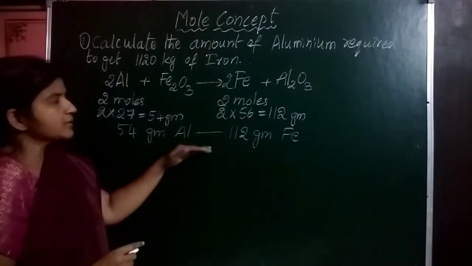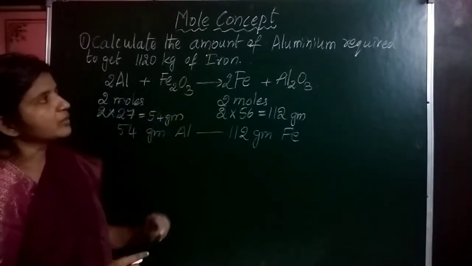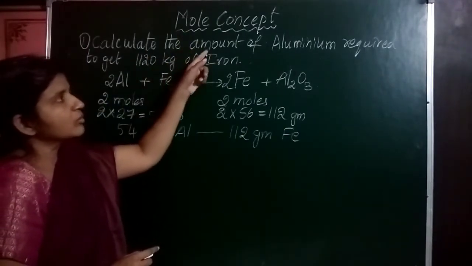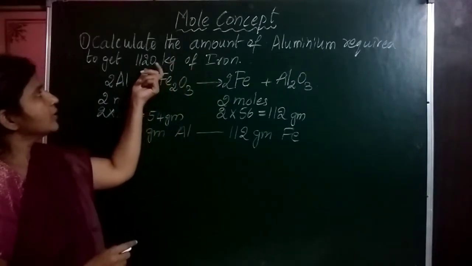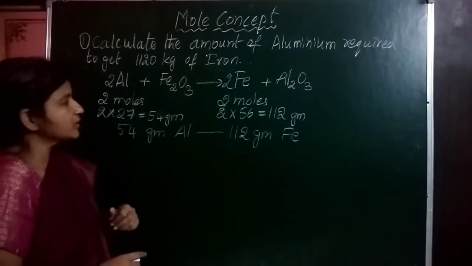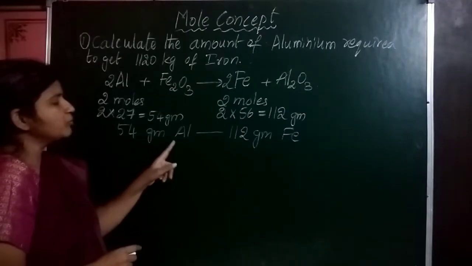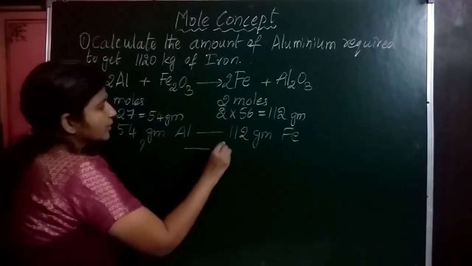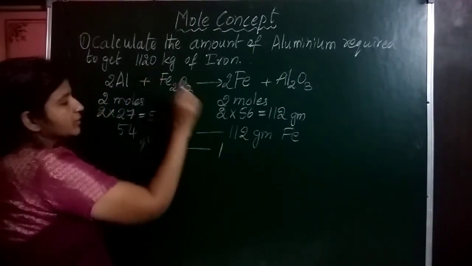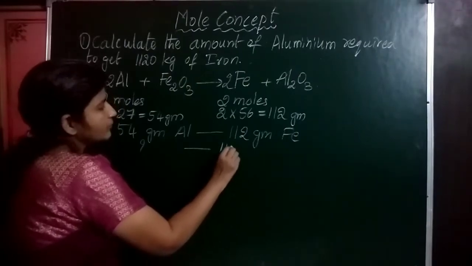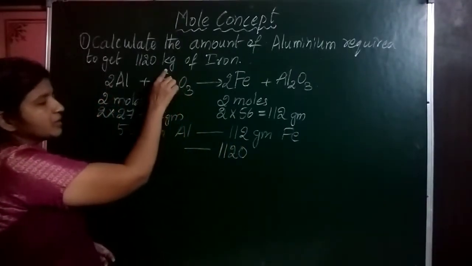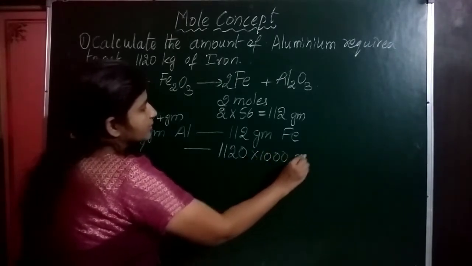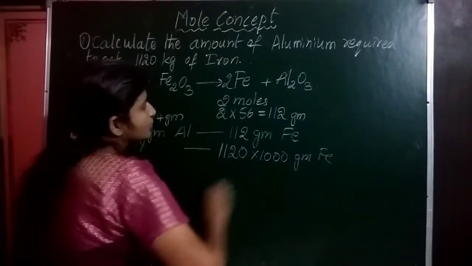Now compare this information with this sum. In this sum they are asking to calculate the amount of aluminium required to get this much iron.